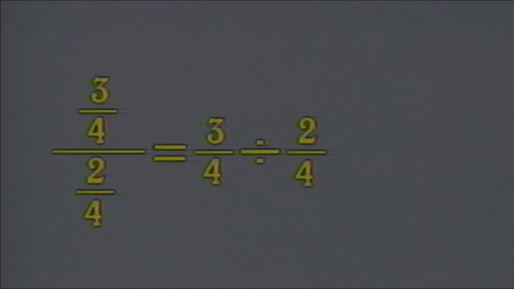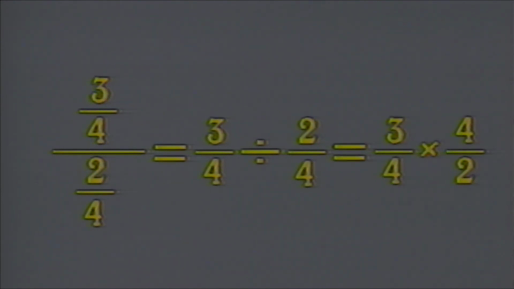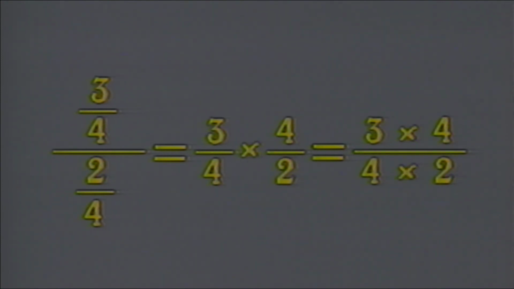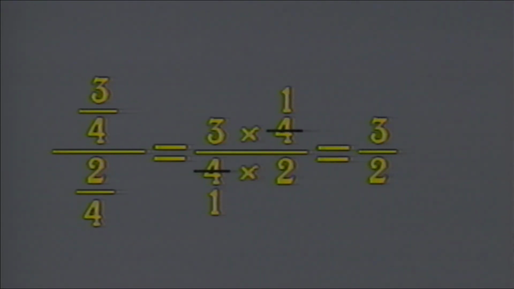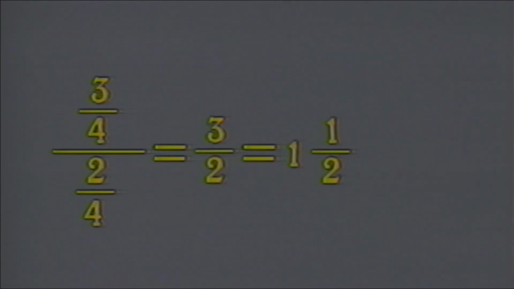This equals 3/4 times 4/2, which is 3 times 4 over 4 times 2. We can divide numerator and denominator by 4, a common factor. And the result is 3/2, which equals 1 1/2.